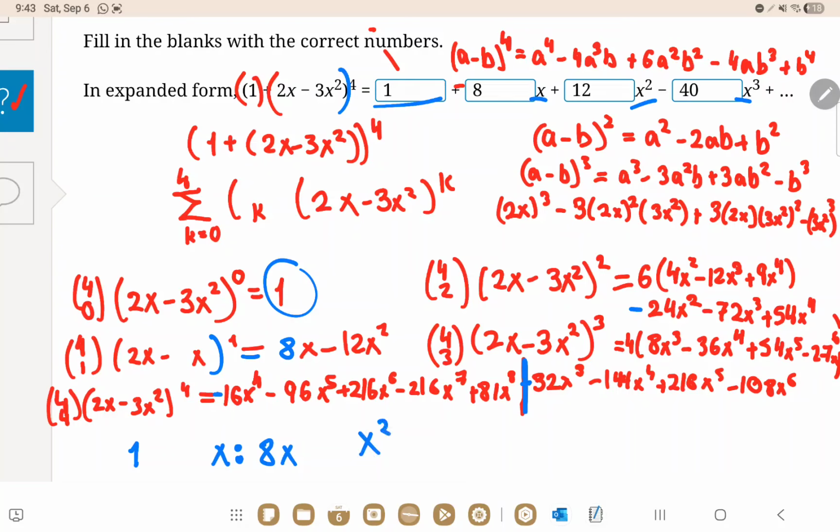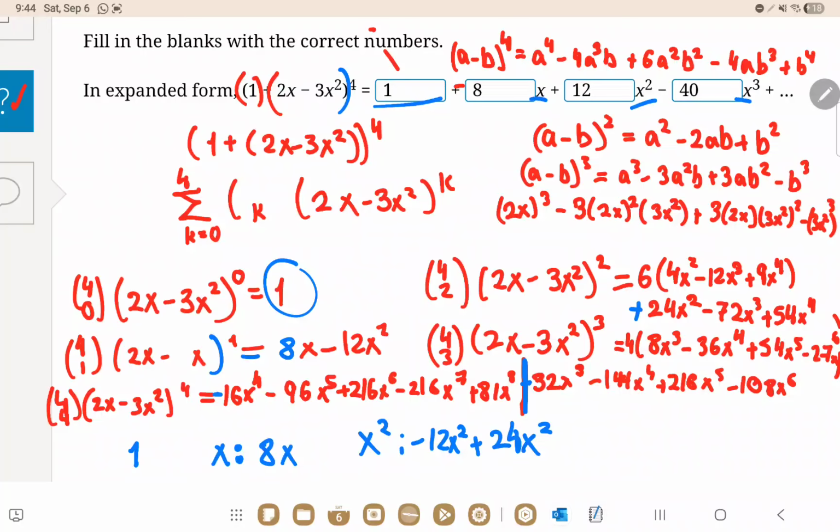Now x squared, look at the terms we have with x squared. We have negative 12x squared. We have plus 24x squared. This is not minus, like I said, pointing to it. These are the only two values we have with x squared in them.